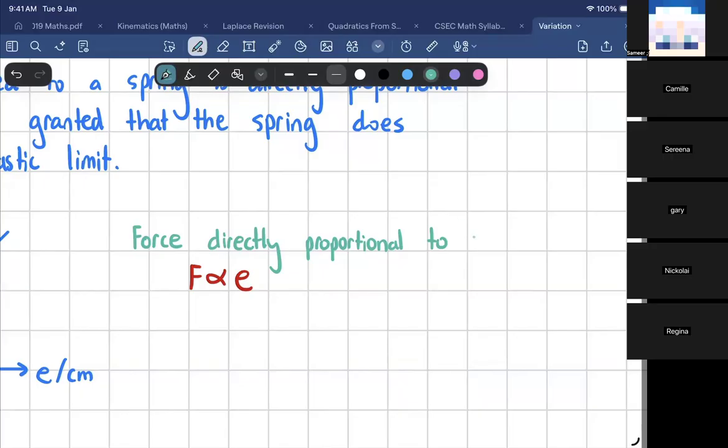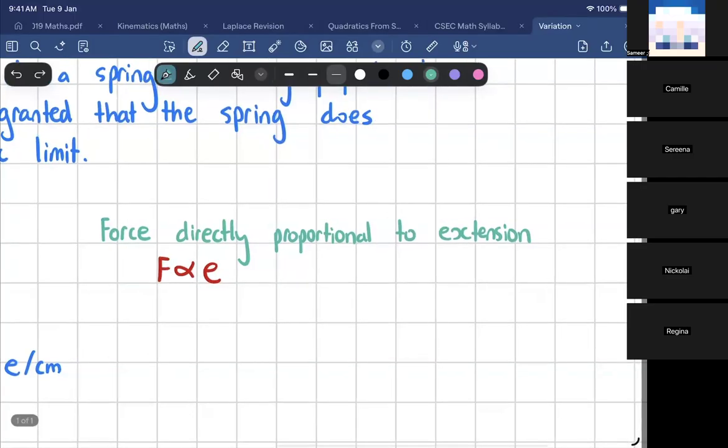The extension. Yeah, the extension. And do you understand that this is a symbol here that means directly proportional? Yes or no? Okay, cool. I hope everybody is with me. So this over here means directly proportional.